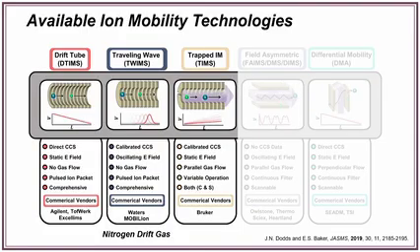There are now commercial versions of these drift tube ion mobility instruments, the first being the Agilent 6560, which is attached to a QTOF. But there are a couple of other smaller vendors that sell these now as well. The next one is the traveling wave style ion mobility instrument, which was actually the very first style of commercially available ion mobility platform. These are the Waters Synapt, and now there are a couple of different varieties: the cyclic traveling wave instrument from Waters, and the MOBILion SLIM technologies, which also use traveling wave.